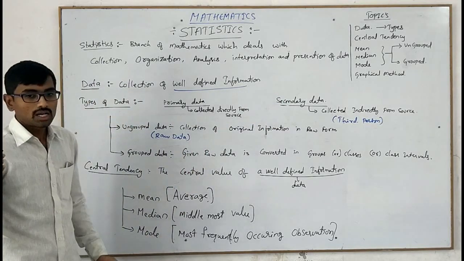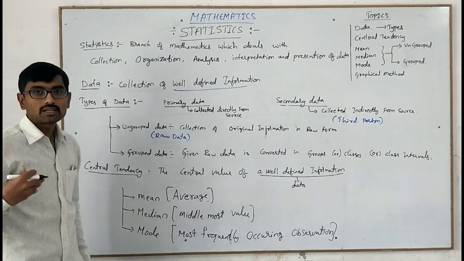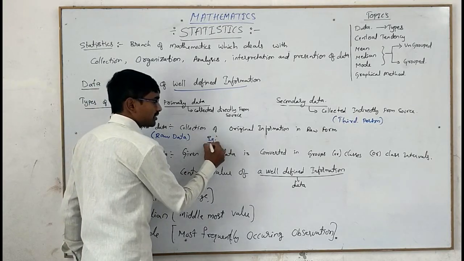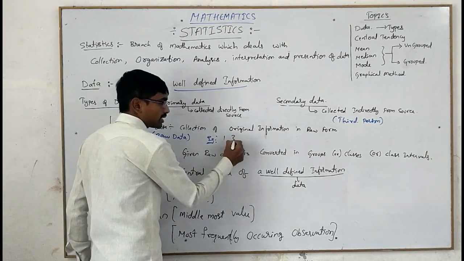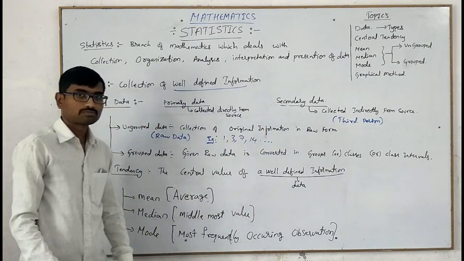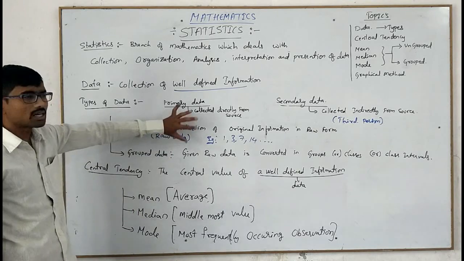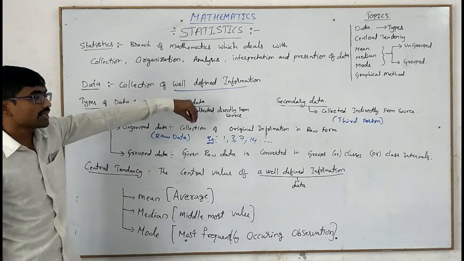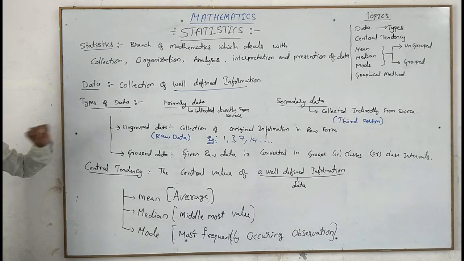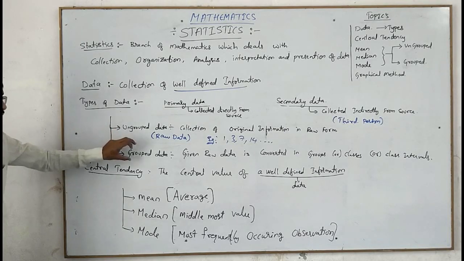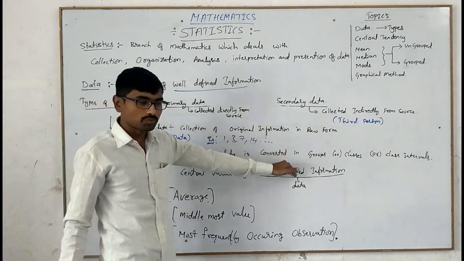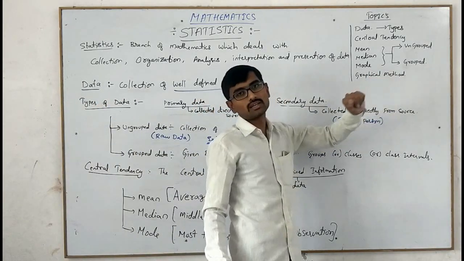For example, I am collecting numbers from the students. The observations may be 1, 3, 7, 14, etc. This is raw data, which is taken in a raw form. Now coming to the second one, that is grouped data. Grouped data is the given raw data which can be converted into groups or classes or class intervals.